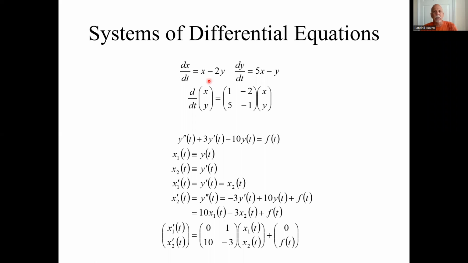Let's say, first of all, you just had two variables, x and y, and the derivative of x involved both x and y. The derivative of y involved both x and y. So we solved these earlier in engineering math individually. It didn't involve both equations. We used Laplace transforms to solve.